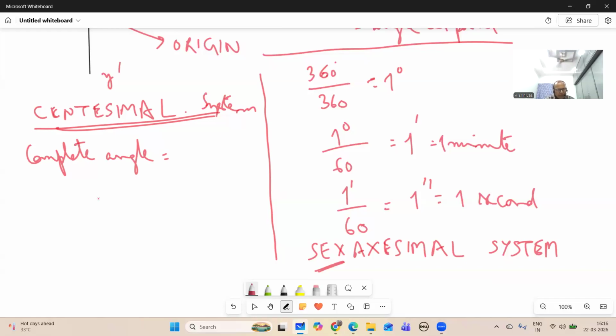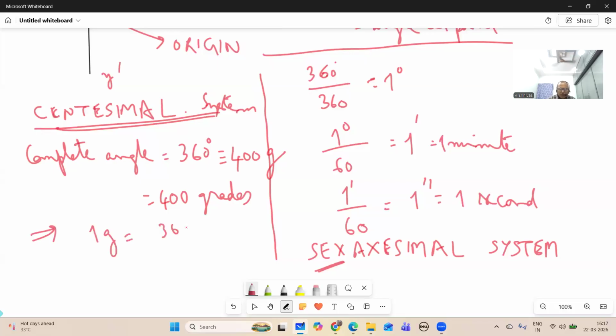Okay, one complete angle is 360 degrees. This is defined to be 400 grades. G for grades, 400 grades. Okay, 360 degrees, which is complete angle, is defined to be equal to 400 grades. So this gives us 1 grade is equal to 360 by 400 degrees.